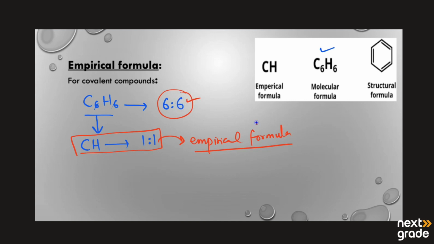So the empirical formula gives the simplest whole number ratio for covalent compounds. Another example is silica, which is basically sand. What is its formula?